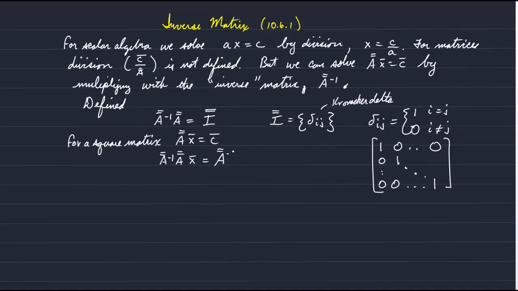And you'll notice that A times its inverse gives I on the left-hand side times x. And I times any matrix just, by definition, returns the matrix itself. So this is how we can solve for x using the inverse matrix once we're able to solve for what the inverse matrix is.